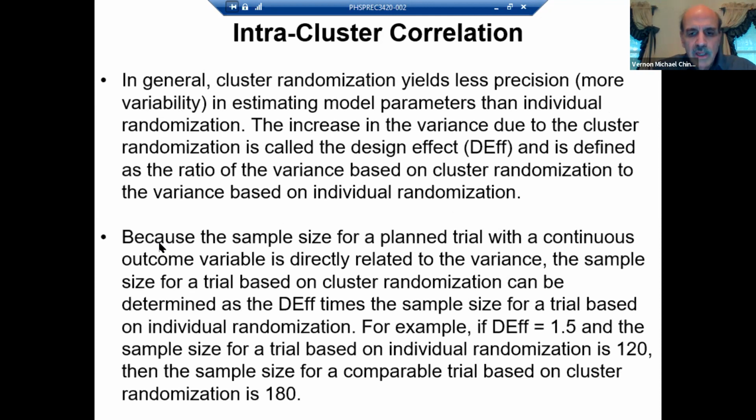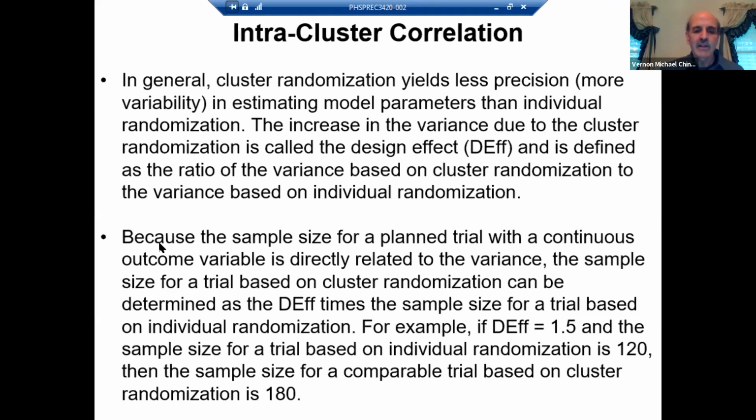So a few more issues. In general, cluster randomization yields less precision, more variability in estimating model parameters like the means between your intervention and control, or whatever you're trying to estimate. You're going to get much more variability than you would with individual randomization.